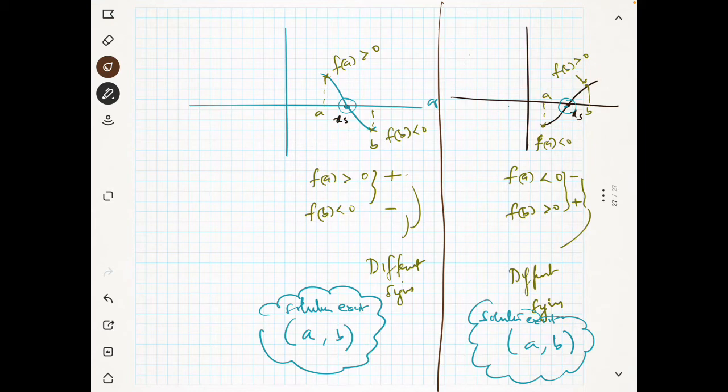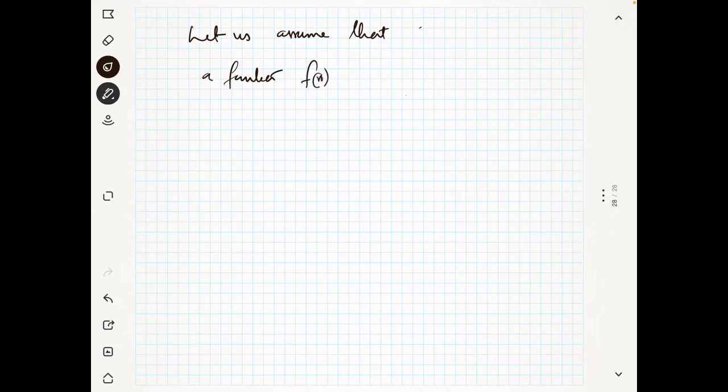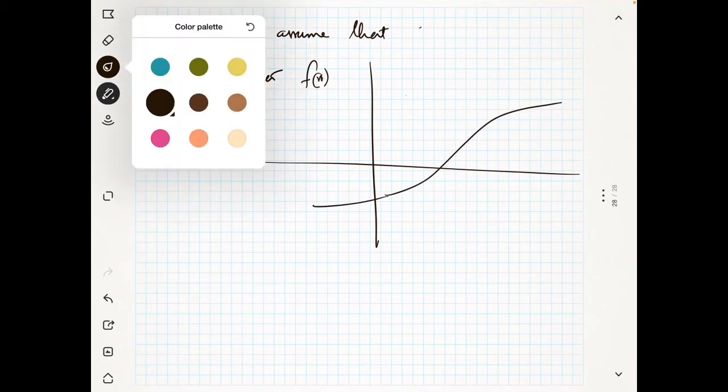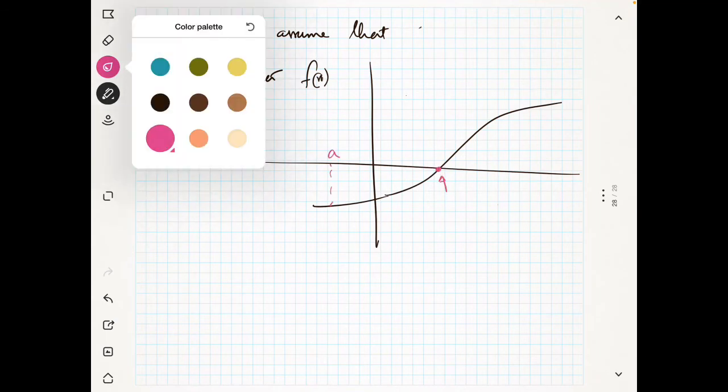So I will go in detail now. So let us assume a function f of x is like this. Now what I am going to do, my procedure is, I have suppose some A, I want to find this point, this is my objective.